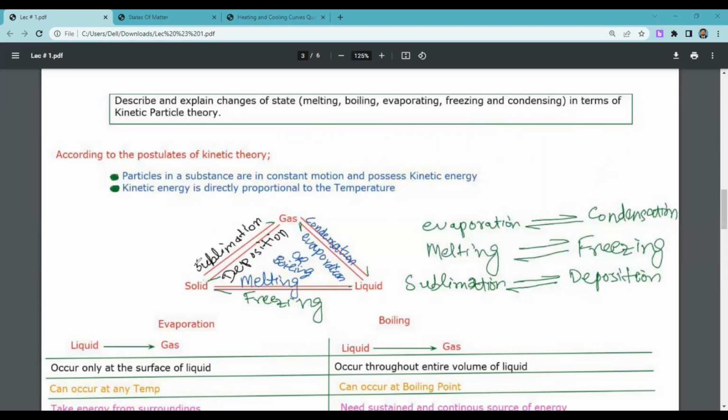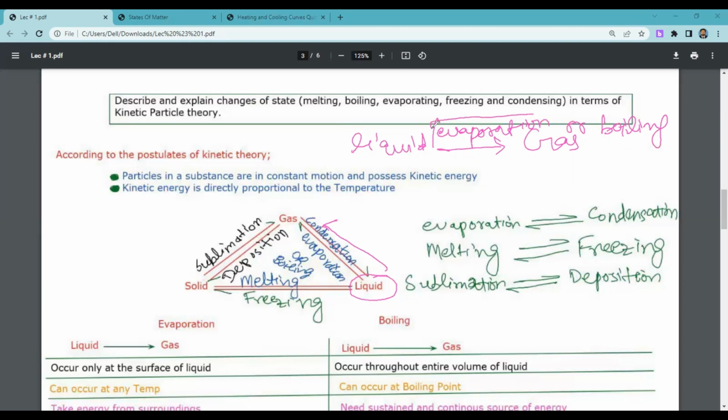Now if we talk about conversion of liquids into gas, if a liquid is converted into a gas, this will be called evaporation or boiling.